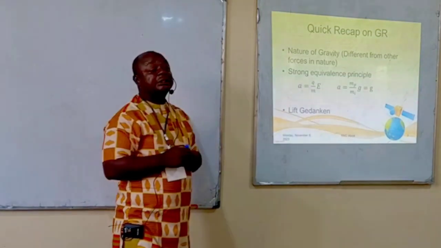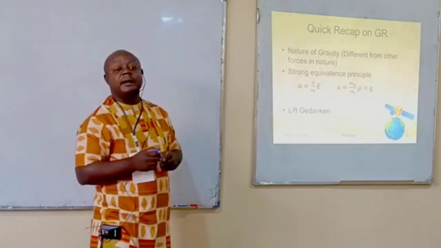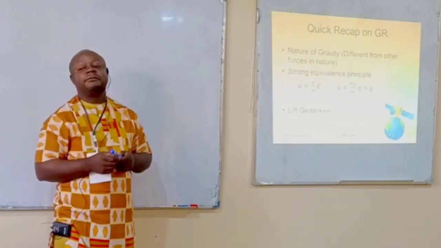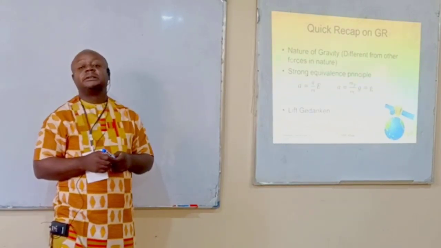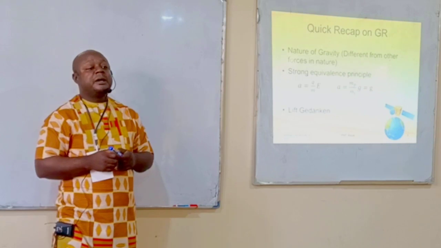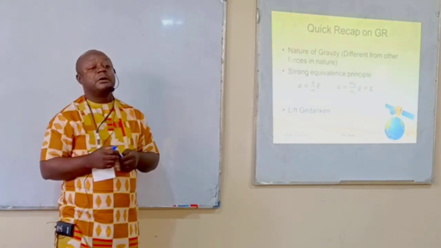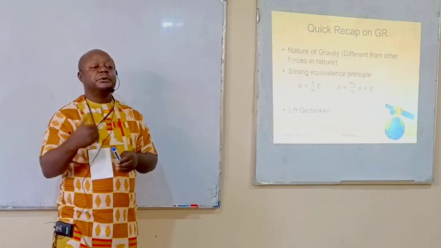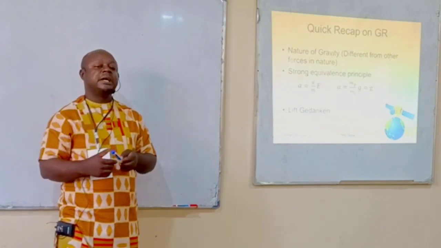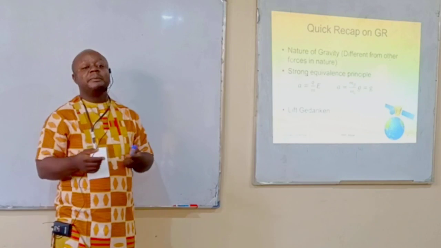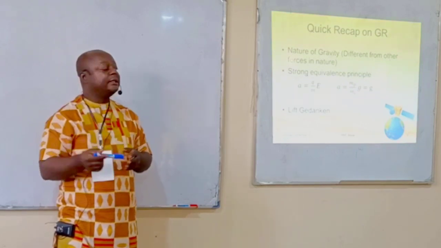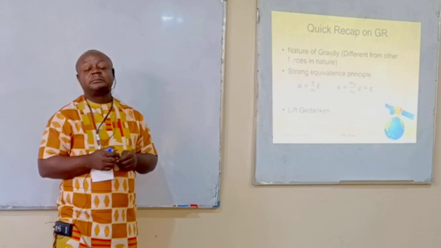And as we know, general relativity was formulated by Albert Einstein after formulating his theory of special relativity. Okay? And general relativity came about because there were some aspects of Newtonian gravitational theory that could not be explained. So Einstein thought it wise to see if he could do that.